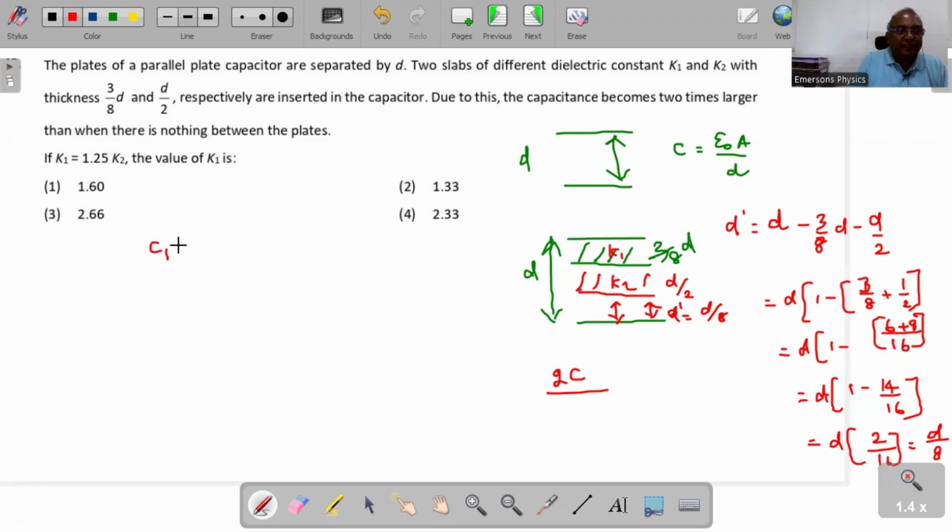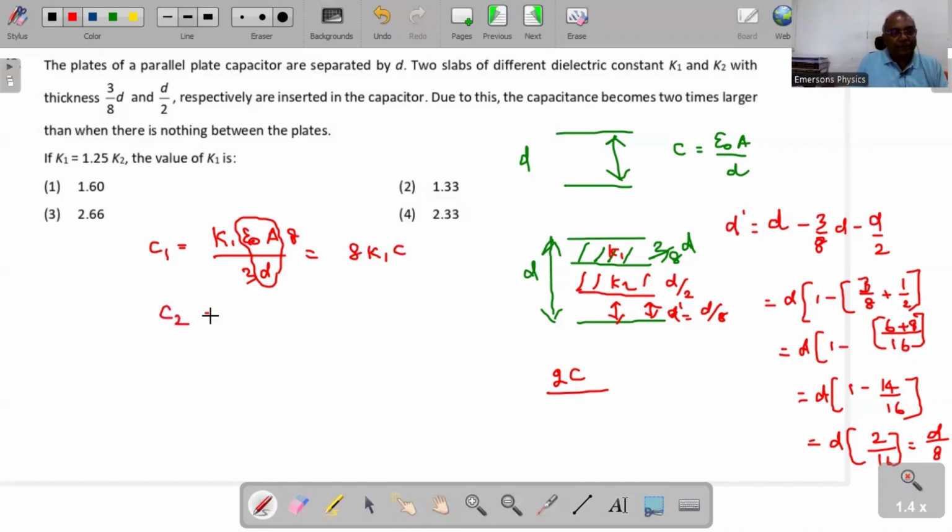C1 is the first portion of the capacitor, so we can write K1 epsilon naught A by D, where D is 3D by 8, which can be written in terms of epsilon naught A by D, the original capacitance, so it is 8 K1C.